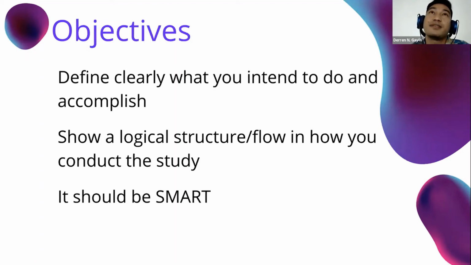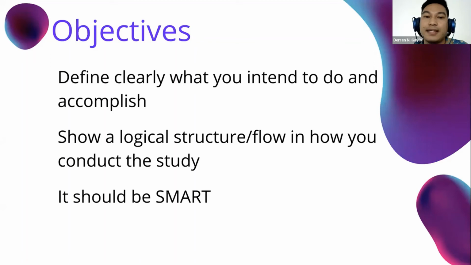So your objectives should be progressive, from the first thing that you need to look into down to the end of it. You do not disorganize it, because your chapter 4, the results and discussions, will just follow the sequence of your objectives.